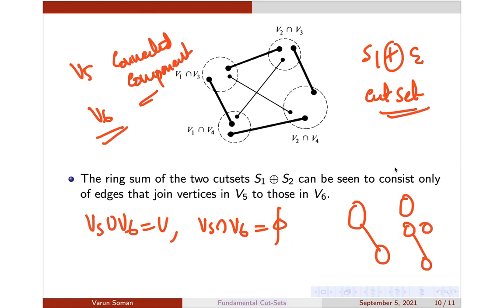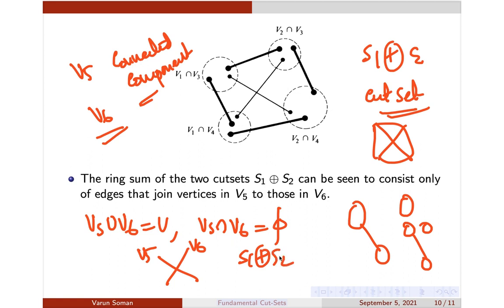So earlier your graph was like this. Only when you delete these ring sum edges can this graph be disconnected. So only the removal of S1 ring sum S2 can disconnect the graph into V5 and V6. So it's the minimal set which will do this. So that means S1 ring sum S2 is a cut set.